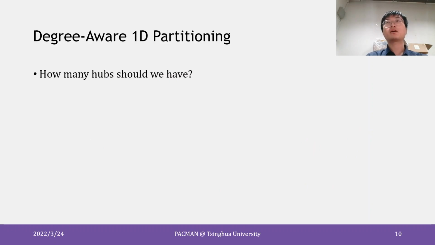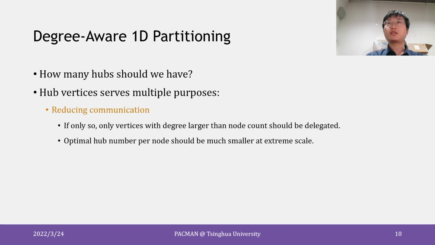The question then becomes adjusting the number of hubs. To think about it, we go through the benefits delegates bring to us. The first is to reduce communication. But if only so, only vertices with a degree larger than the node count should be delegated, resulting in the optimal hub number assigned to each node to be much smaller at extreme scale.